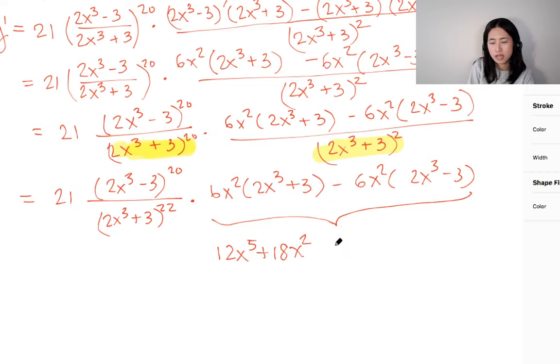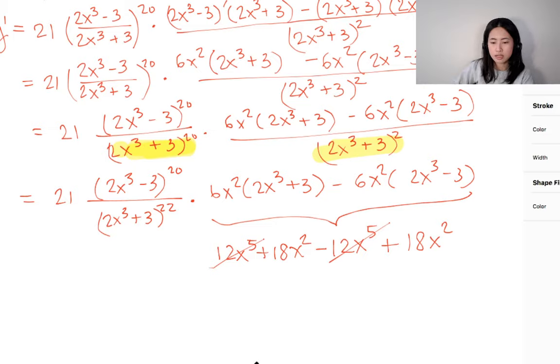And this is going to be minus 6 times 2, which is negative 12x raised to the power of 5, right? And then this is now going to be positive 18x squared, right? So as you can see, the 12x raised to the power of 5 cancels out. And then you're left with 18x squared, which is 36, right? 18 plus 18 is 36.